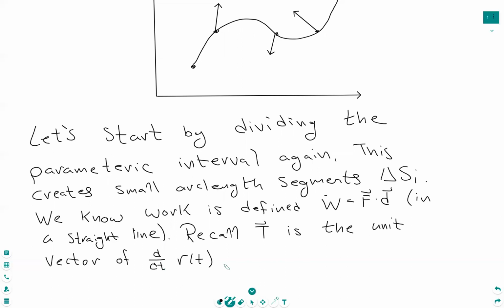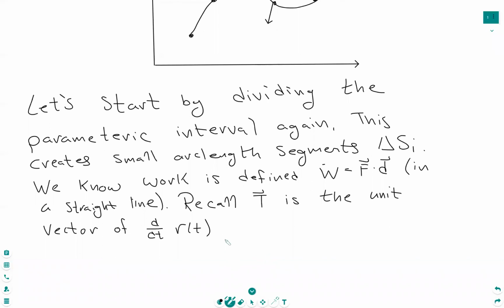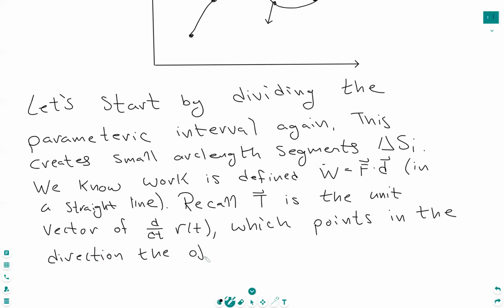That's how we defined it. We said that T was r prime over the magnitude of r prime. It just points in the direction that we're heading. So let's put that in text just to remind ourselves, it points in the direction the object is moving.